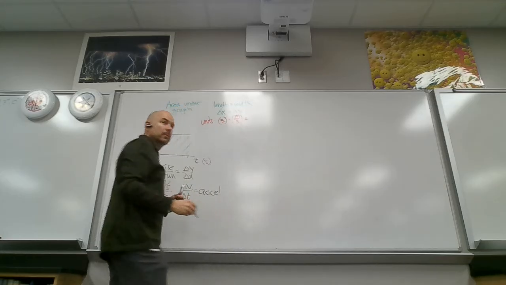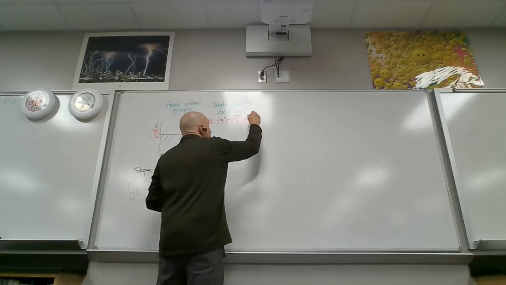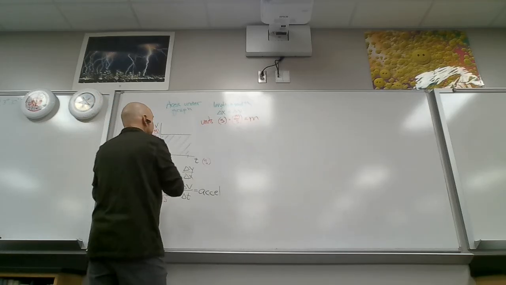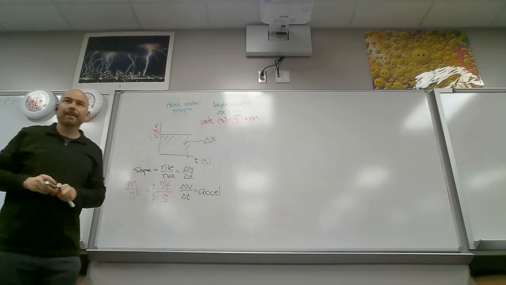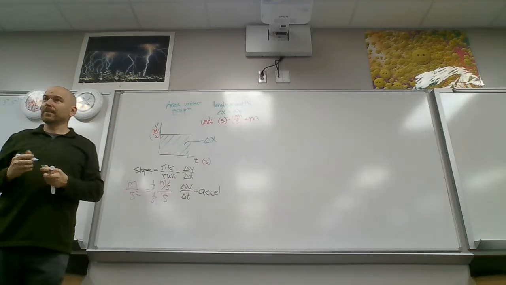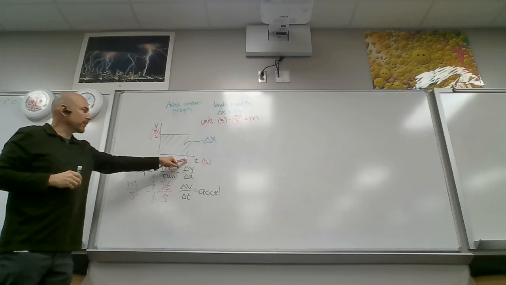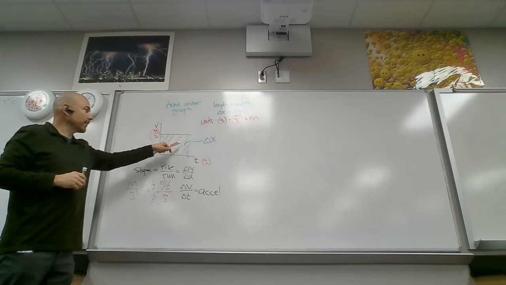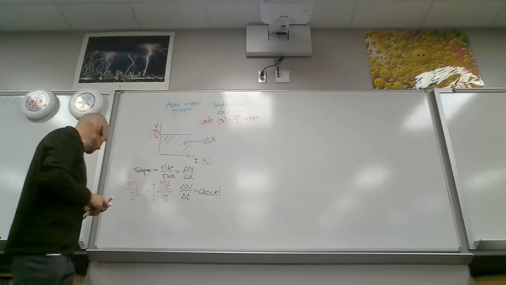That simplifies to meters. The area under this graph is going to give us displacement. Okay, so if I was traveling 7 meters a second for 10 seconds, I'd be traveling 70 meters. Okay, that's super easy, you don't need that.